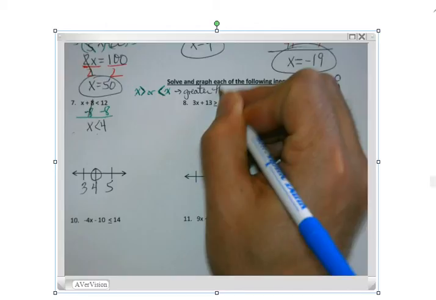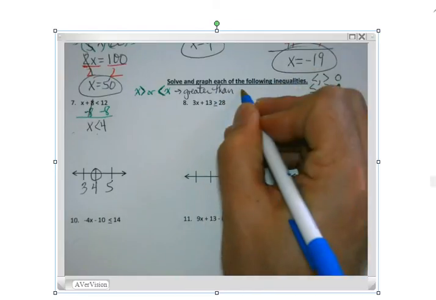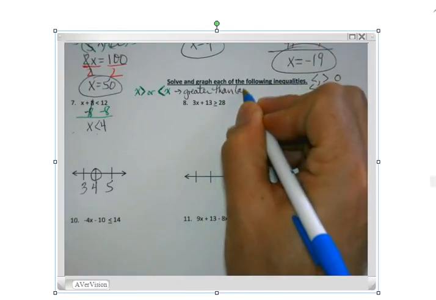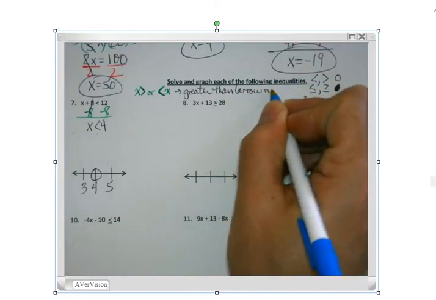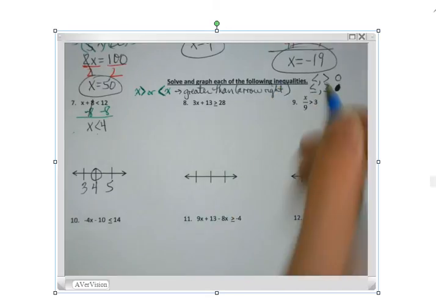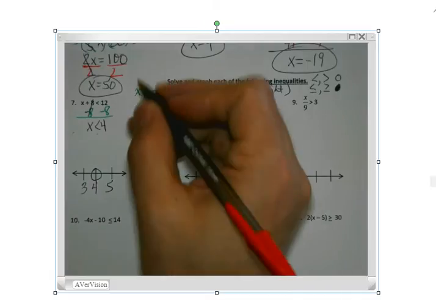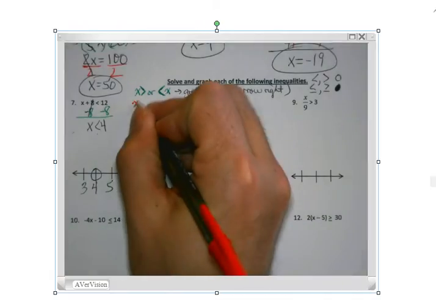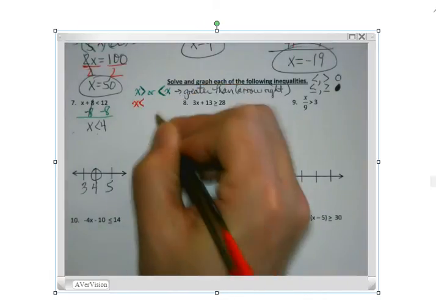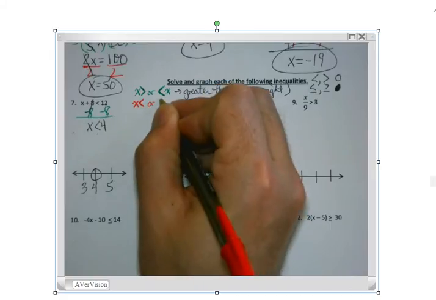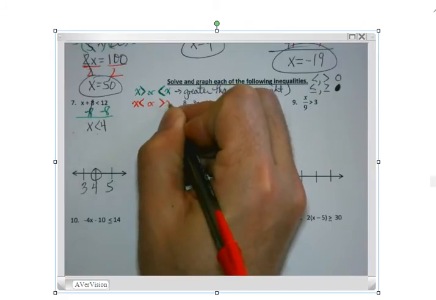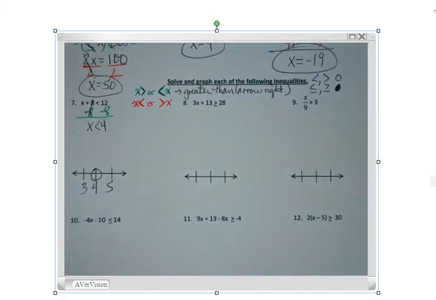Whenever that happens, that's when we're going to have something that's greater than, and when that happens, the arrow goes to the right, because my values get greater on a number line as I go to the right. However, if that arrow is pointing at my x, okay, in either direction, that's less than.